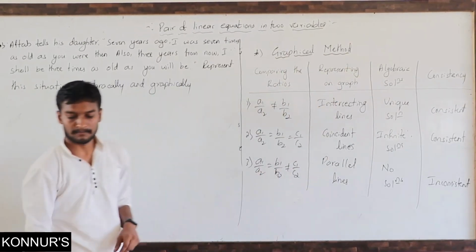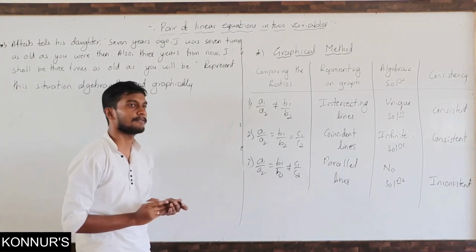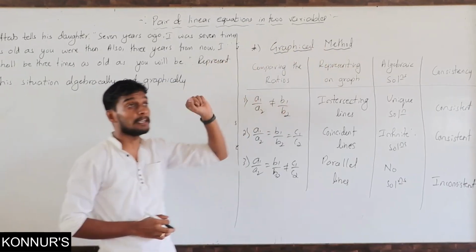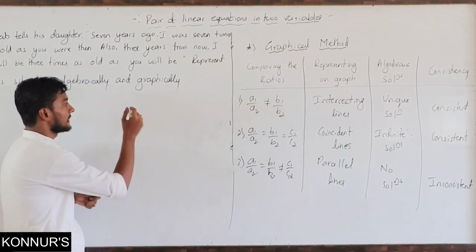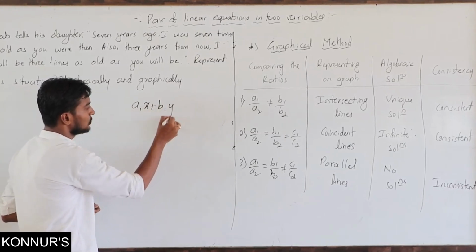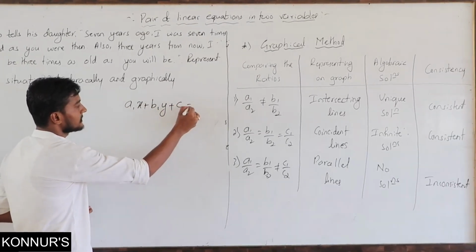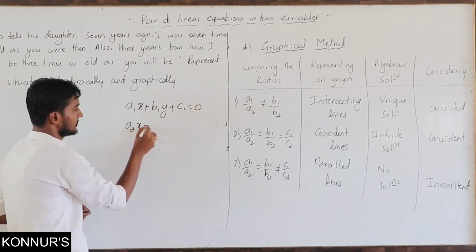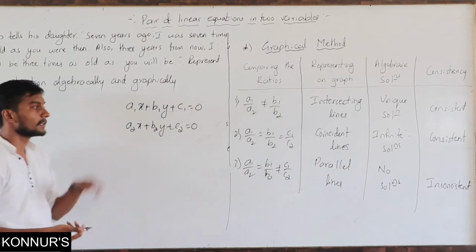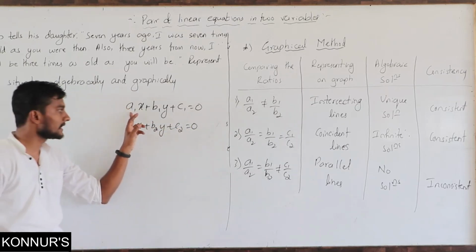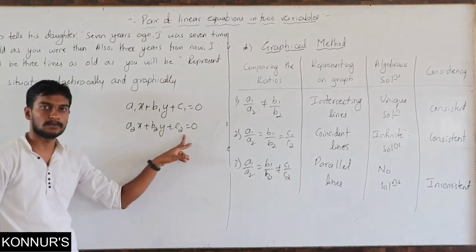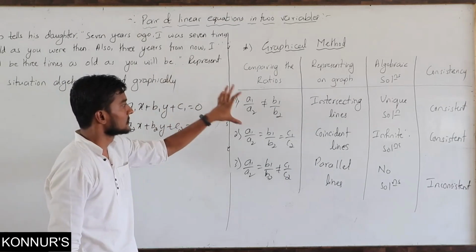If we want to find the solutions of the pair of linear equations by the graphical method, we use the coefficients of the pair of linear equations in two variables. We already know the general form of linear equations in two variables is a1x plus b1y plus c1 is equal to 0, a2x plus b2y plus c2 is equal to 0. Using the coefficients a1, b1, c1, a2, b2, c2, we find the solutions.